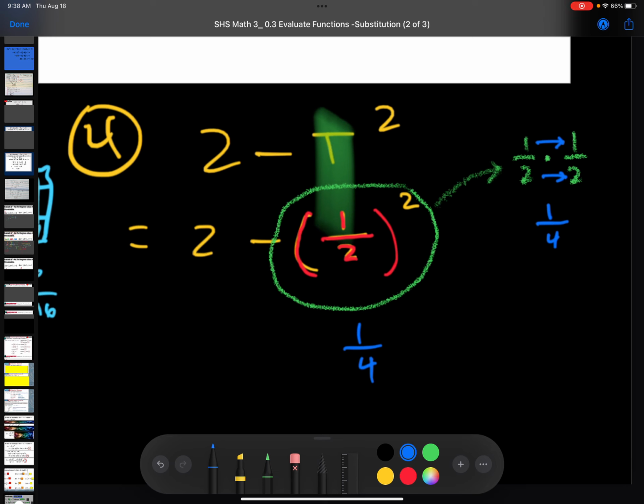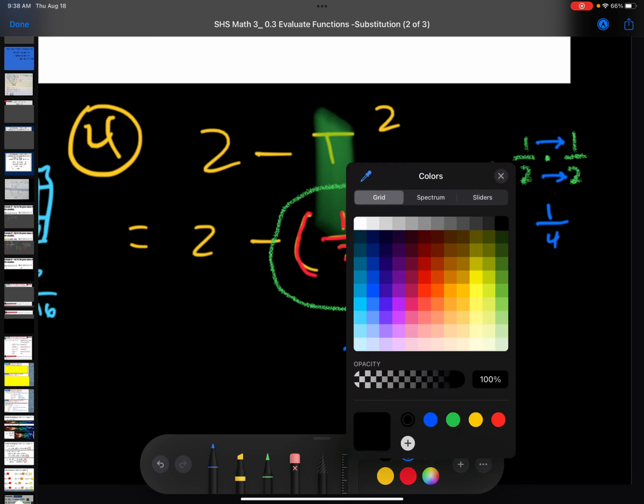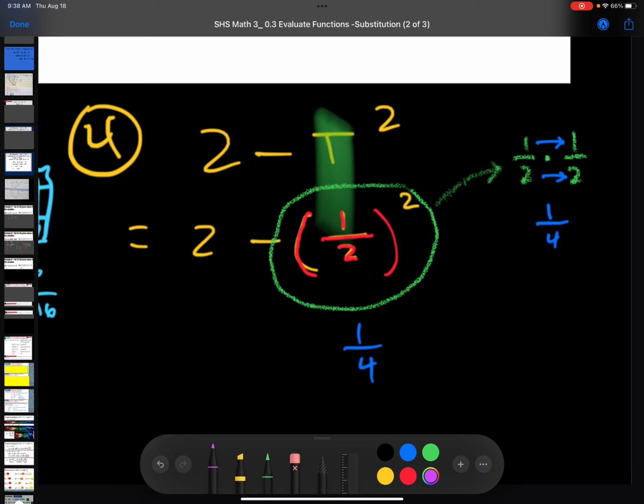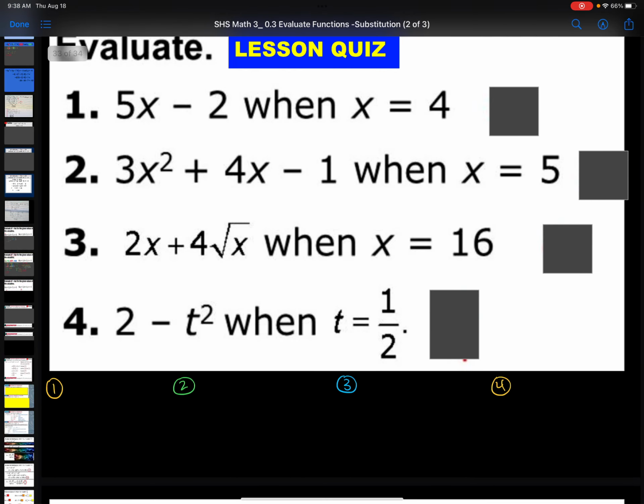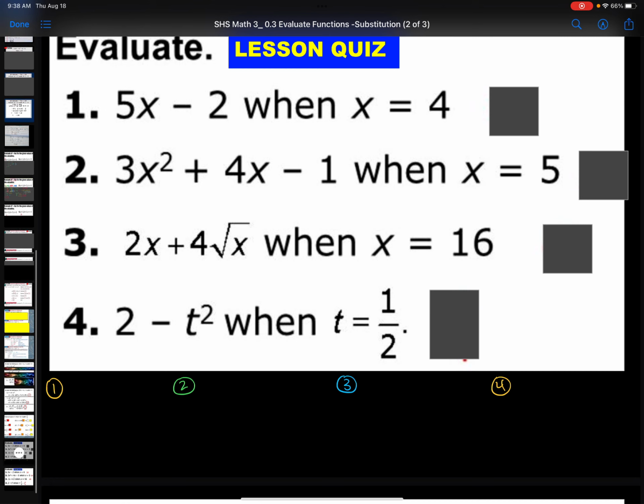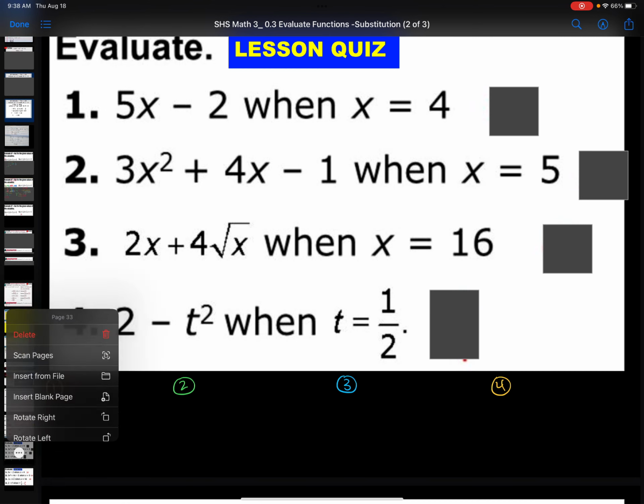Sorry, that is not really great. Let's see if I can. So we just keep going. So now I have 2 minus 1/4. I'm gonna be really mad. Don't do it.